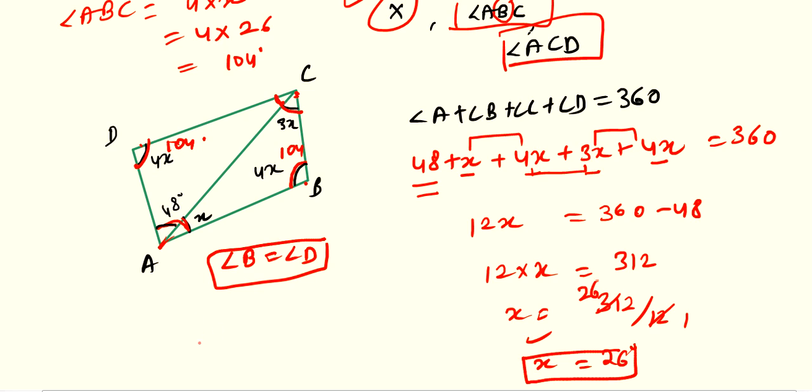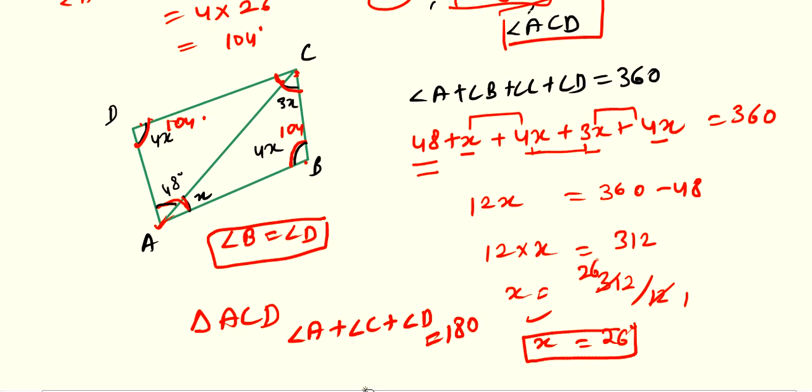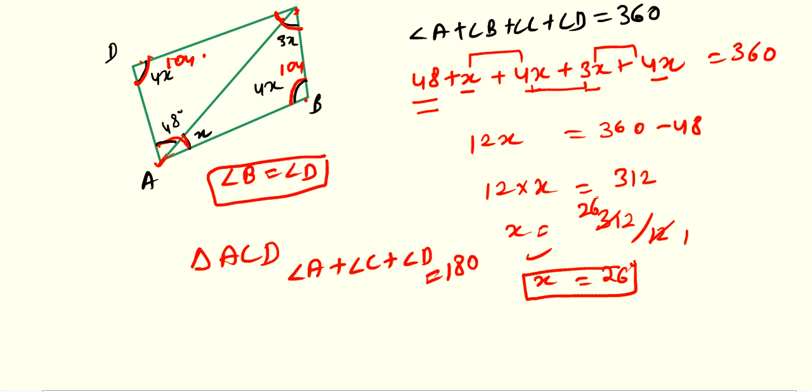So what we will do now, simply we will apply the angle sum property in triangle ACD. In ACD, angle sum property: angle A plus angle C plus angle D equals 180. Then the value of angle A, this angle is 48.